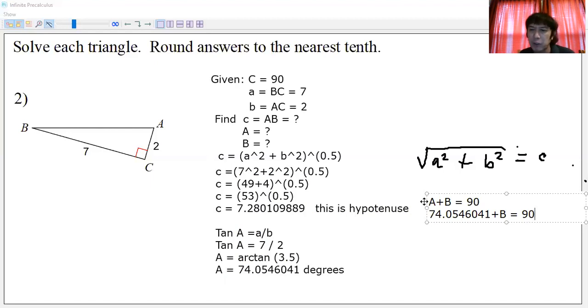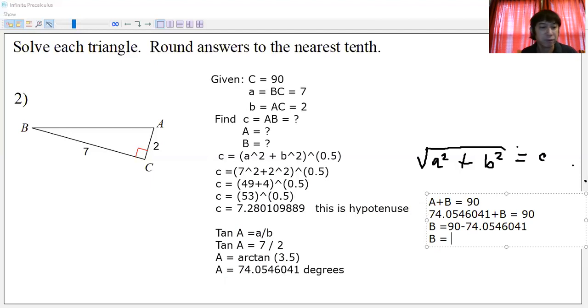So B is equal to 90 minus 74.0546041. There. So we'll just get the difference and we will get the value of B. So this will just be minus, and we have the answer.